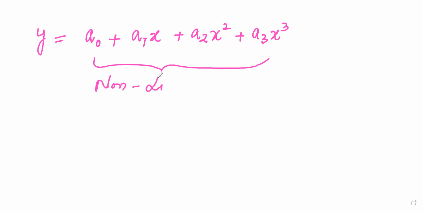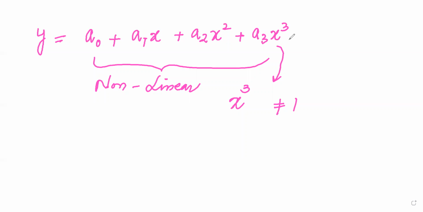This is not a linear equation. The reason is the maximum power of the independent variable is 3, and it's not equal to 1.